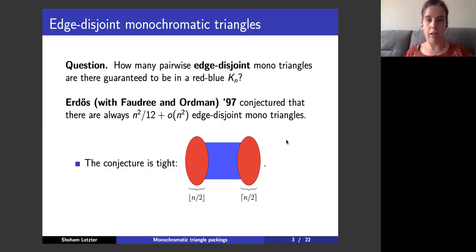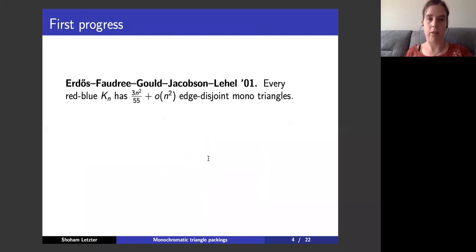This is the conjecture, and the first progress was made by Erdős, Faudree, Gould, Jacobson, and Lehel. They showed that one can always find roughly 3n squared over 55 edge-disjoint monochromatic triangles. The big picture idea is pretty simple.